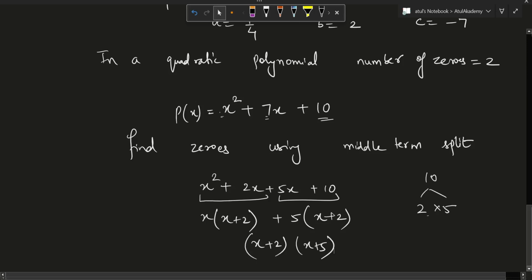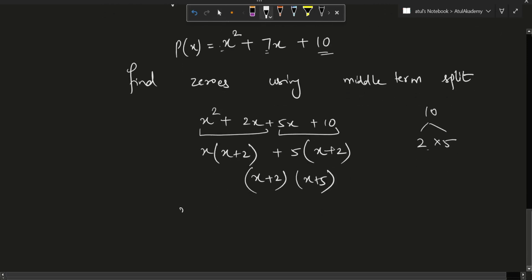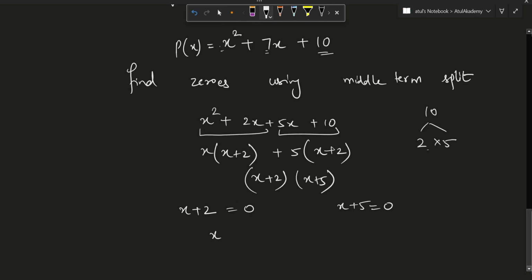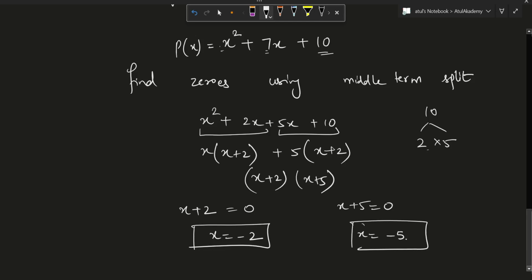So how to find the zeros of this polynomial with this? I'll say that either this is 0 or this is 0. So I'll get x as minus 2, x as minus 5. These are the two zeros of this quadratic polynomial. Now I have found the zeros.